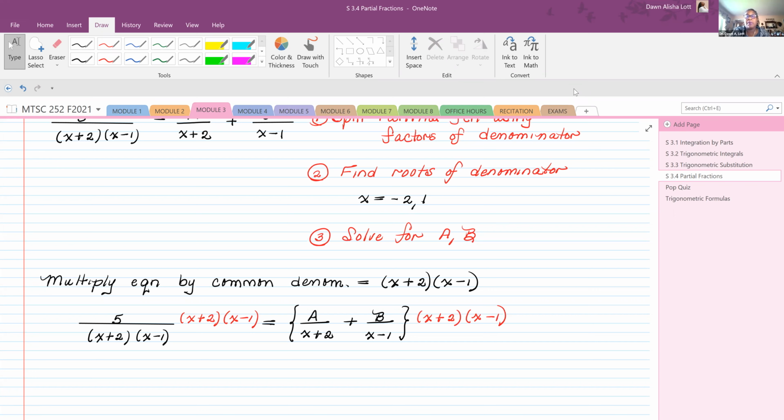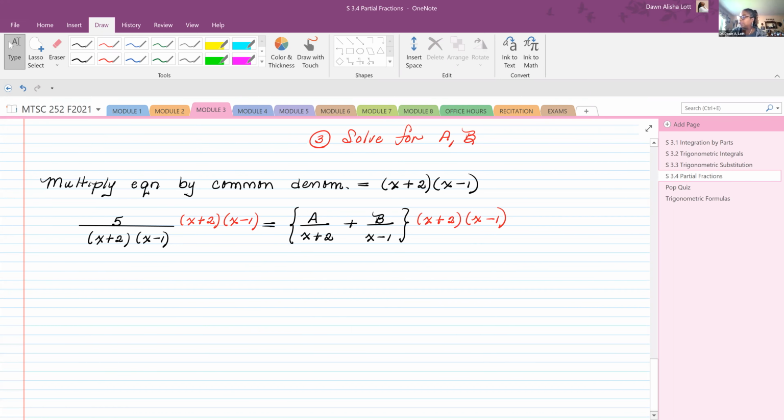Okay, so this is now an easy step that some students make a mistake with, and that is not distributing. So we need to distribute. First off, x plus 2 and x plus 2 and x minus 1 and x minus 1 go. So on the left-hand side, we get 5.